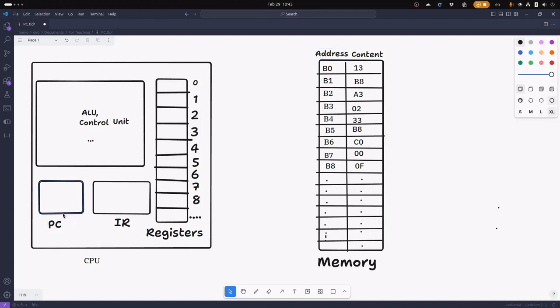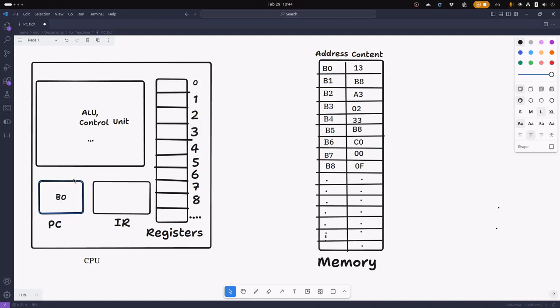The memory address is loaded into the program counter, like B0, and depending on the question, it can hold different memory addresses. Generally, the question will already say where to start your program counter. So if it says start the program counter from B0, we put B0 here, and the value of the program counter is now B0.